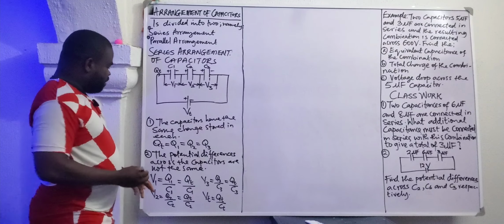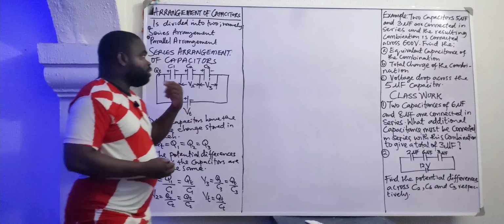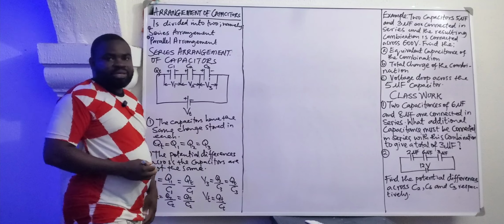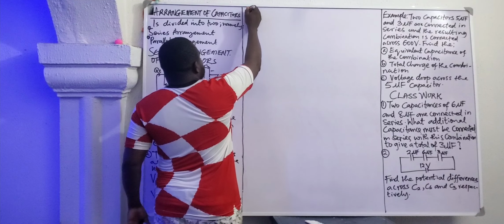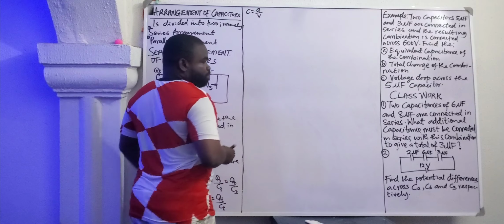Good. By the way, where does this formula come from? It comes from the definition of capacitance we studied in the previous class. Let me just recap. I told you that capacitance is the ratio of charge to voltage.